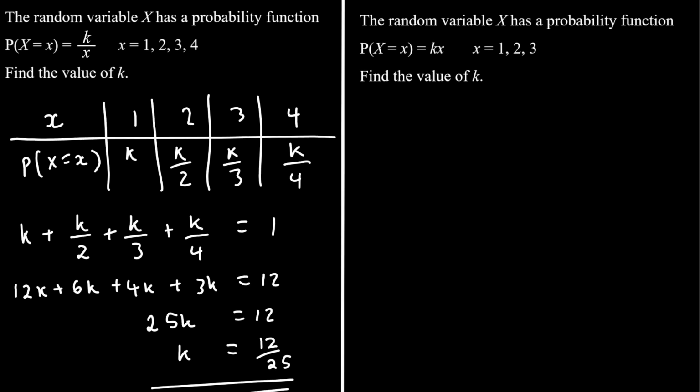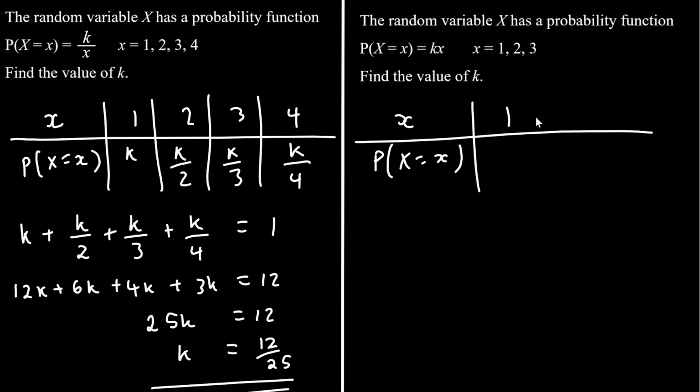One question for you to try. See if you can give it a go. So again, we've got the random variable x, and the probability that x takes the value x is kx this time, and x can be 1, 2, or 3. So we've got 1, 2, and 3, and it's k times x.